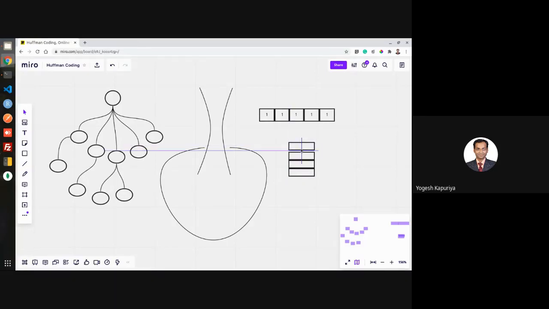Again, in a stack, if you want to access, you can always access the top element. So if this is my stack, then I can always access the element by top. Let's say you have a queue.